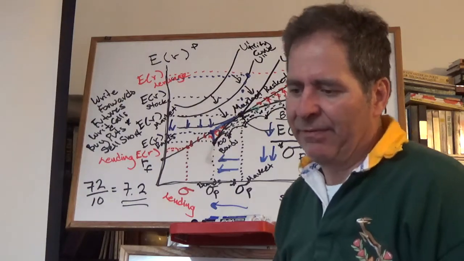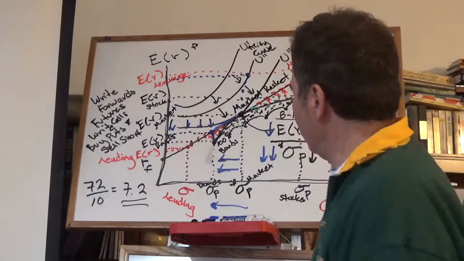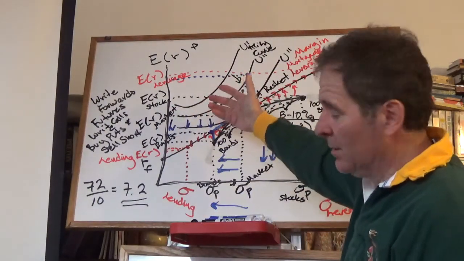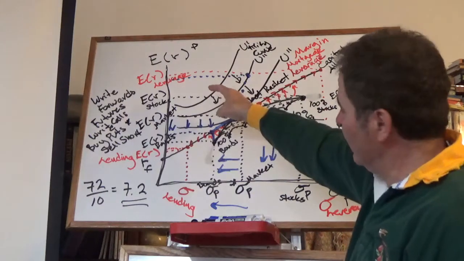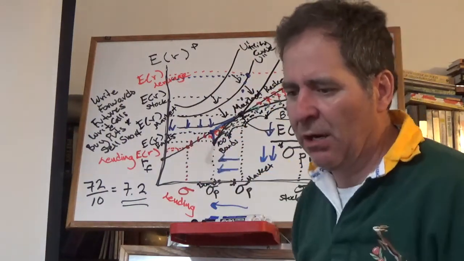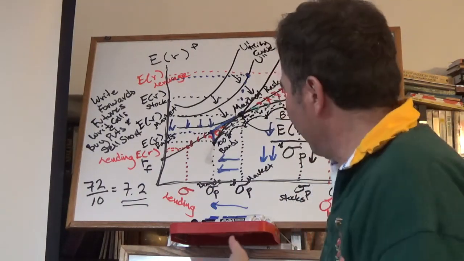So investors' preferences are reflected in the utility curves. And most investors, risk-averse investors, want to be up here. They want to have high return with low risk, but there's no product available. I can't construct a portfolio like that.